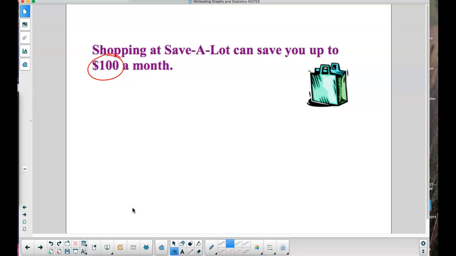Do you need that much? Probably not. Do I need 10 things of toilet paper? Probably not. That's why people hoarded, right, last year and had too much toilet paper. And then we ran out. Okay? So shopping at Save A Lot can save you up to $100. Those words, up to. That doesn't mean you're going to save $100 a month, but people see the 100 and think, oh yeah, I'm going to save that much.